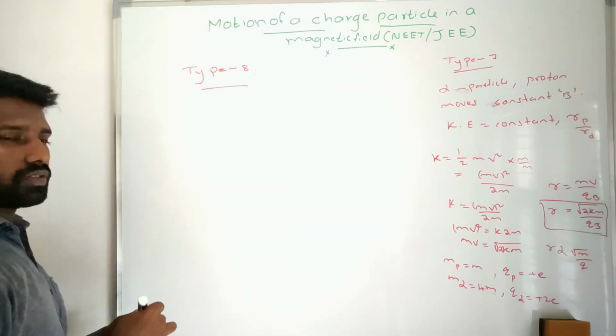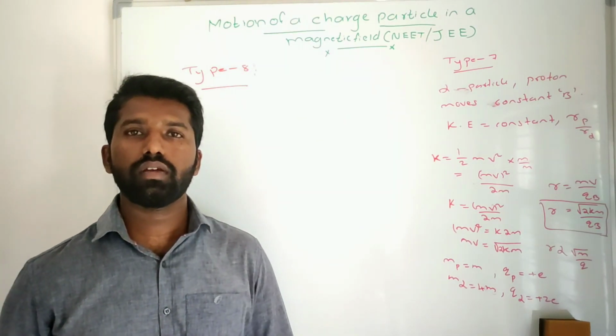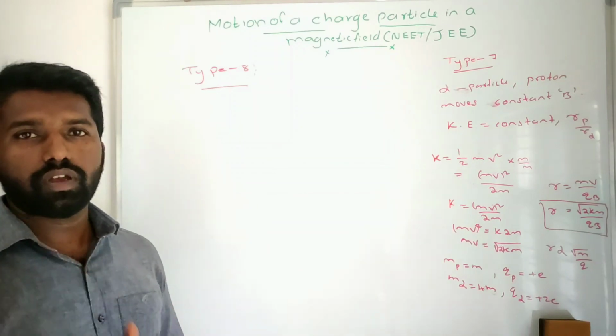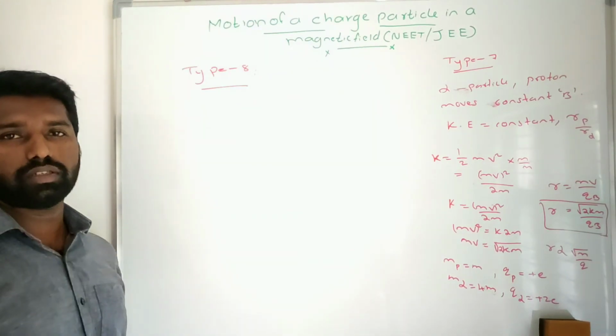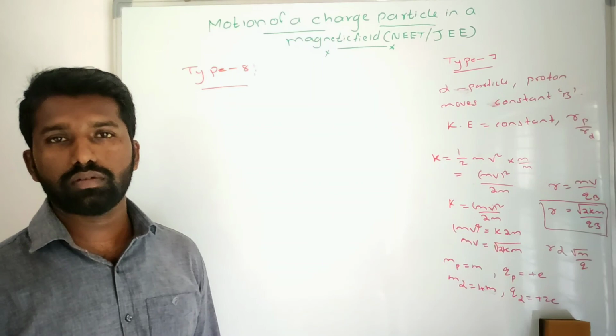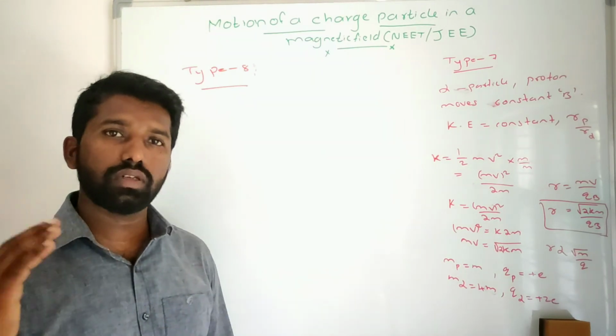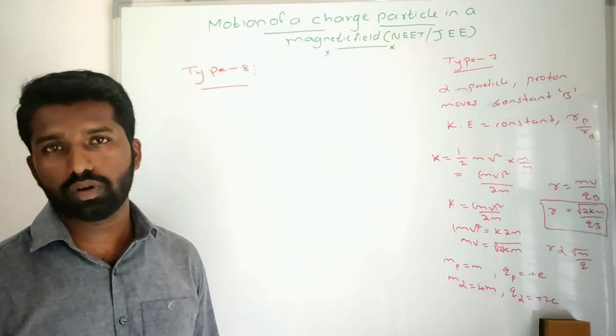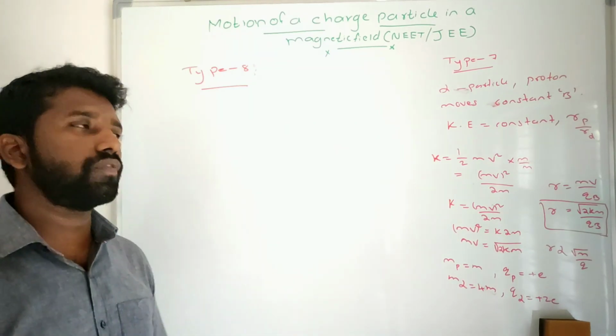In type 8, what is given is: if a proton, alpha particle and an electron move in a constant magnetic field perpendicularly, identify the path.